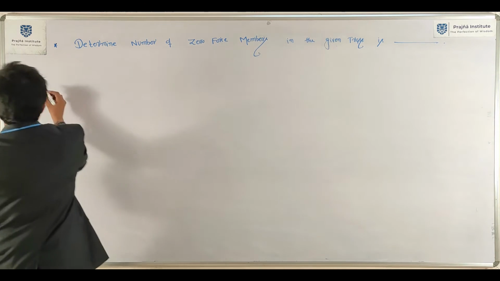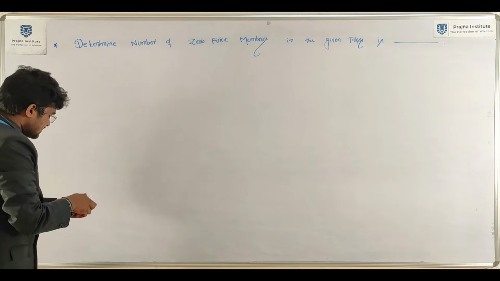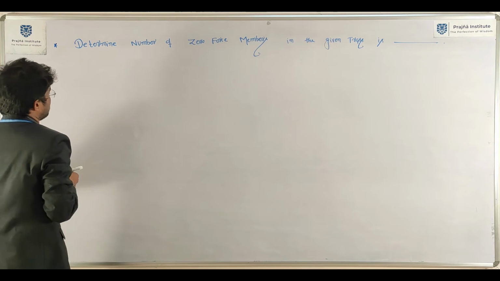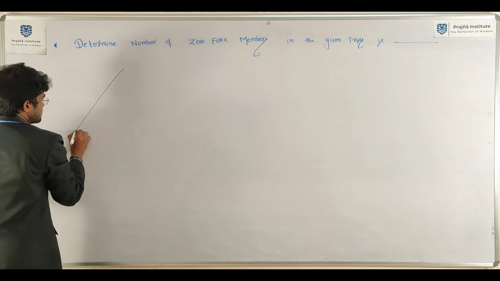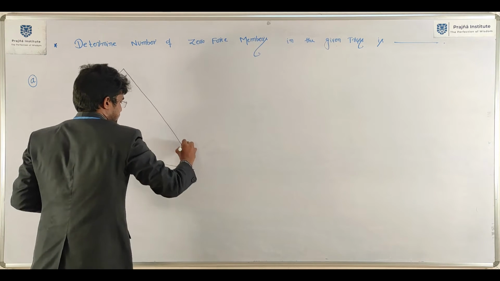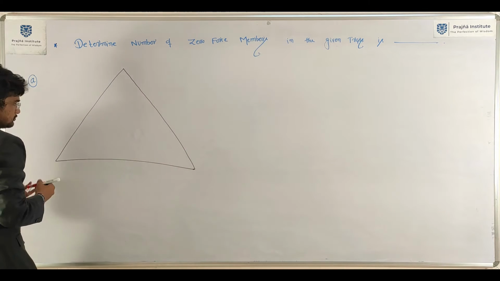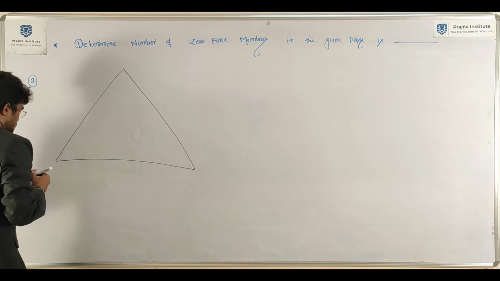Okay, so here this particular truss A. So first draw the truss properly. Draw the truss.